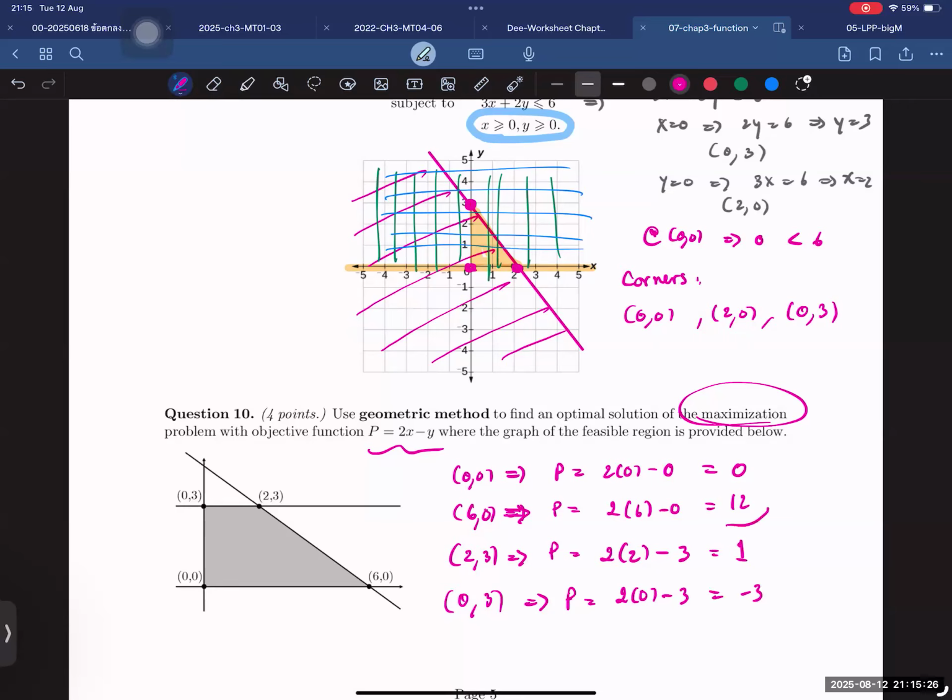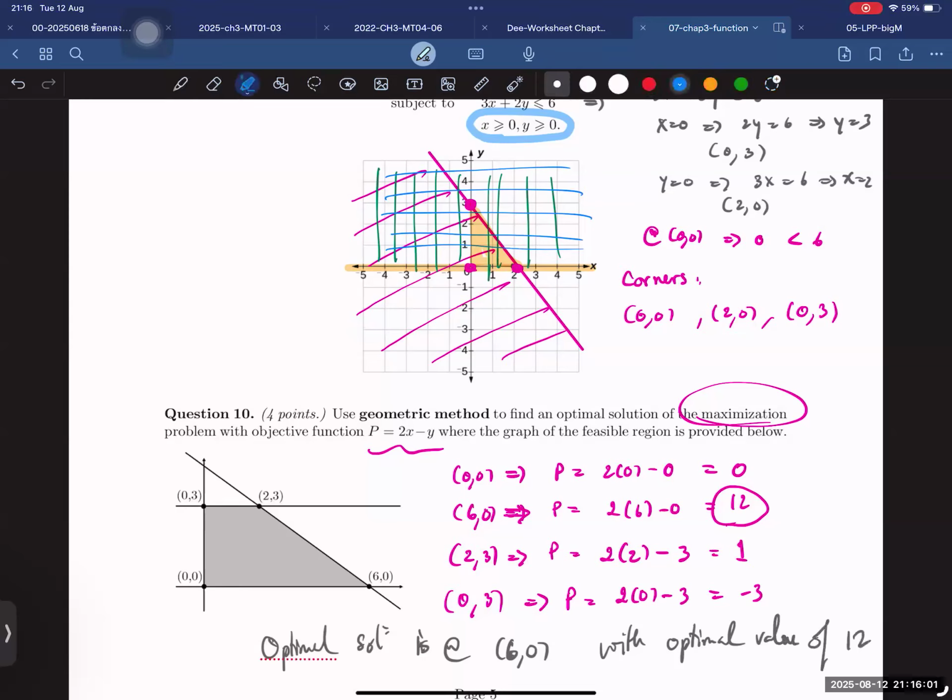So the maximum would be this value, right? So in this case, the optimal solution is at 6, 0 with the optimal value of 12.